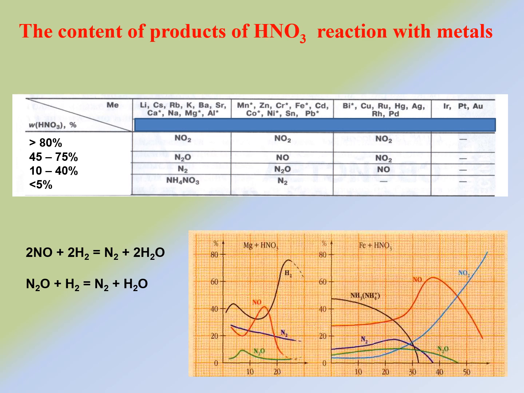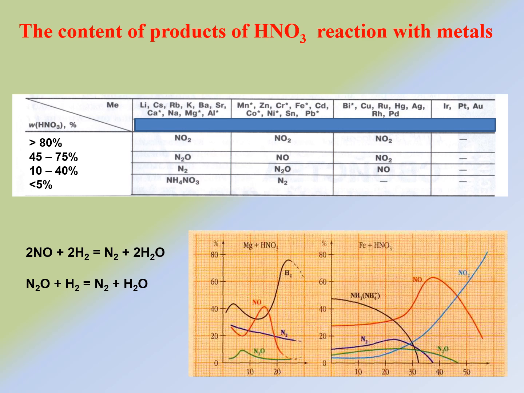In the reaction with iron, for example, there is N2, N2O, NO, ammonia, yes, everything. And even NO2. Depending on the mass percentage, the ratio between these products will change.